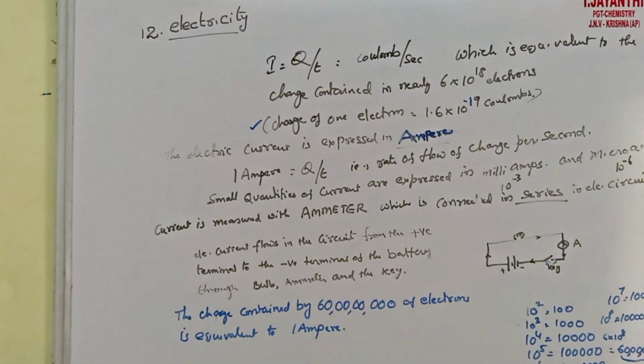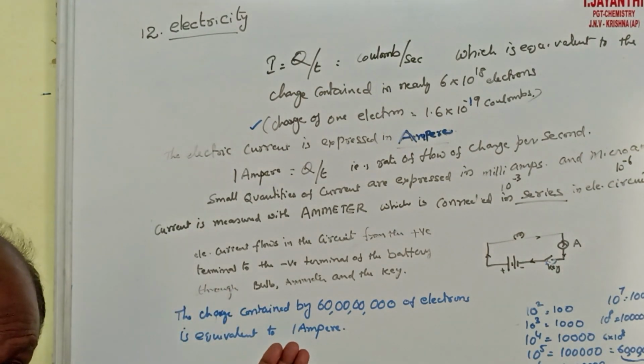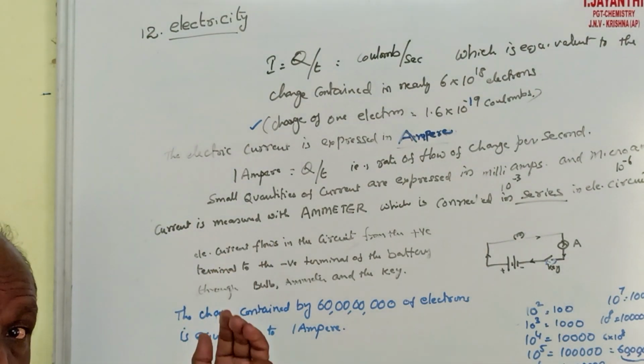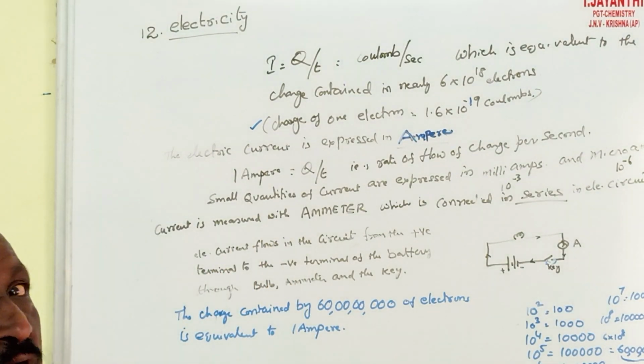Okay, now it is clear for you. In 1 electron, some amount of charge is there. Like that, for 60 crores of electrons, the total charge, we don't know. That much is equal to 1 ampere.